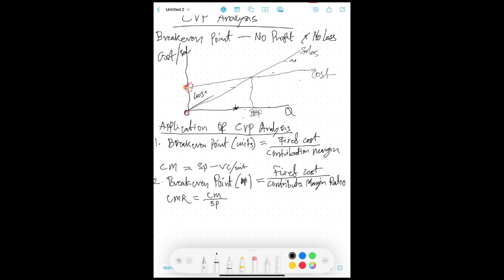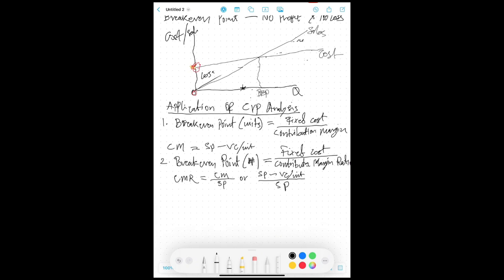Or this can be further broken down, with the contribution margin being selling price minus variable cost per unit, divided by selling price. So this is how to calculate the value of sales in order to break even.